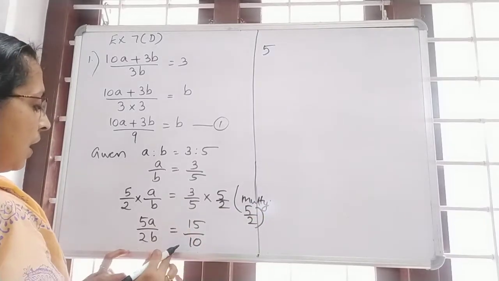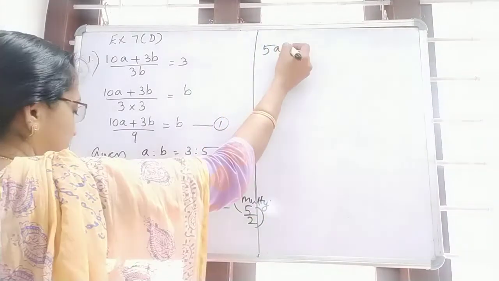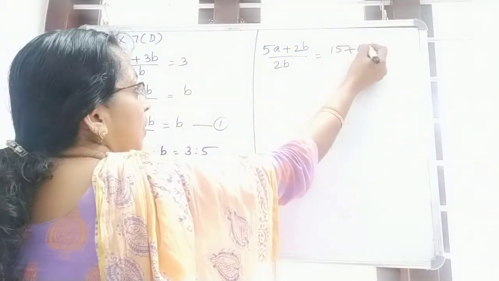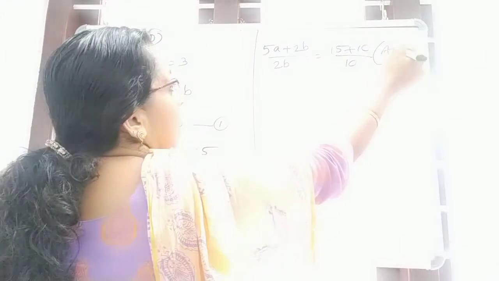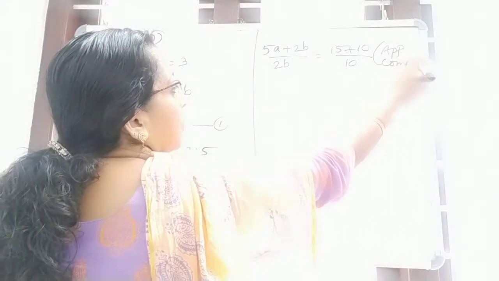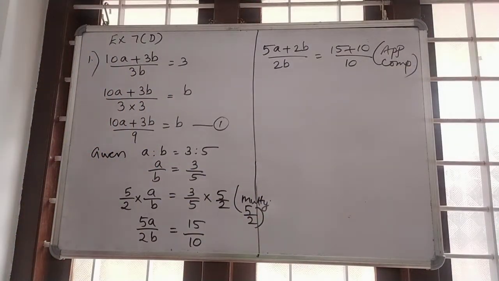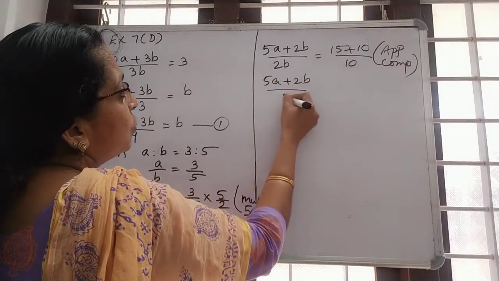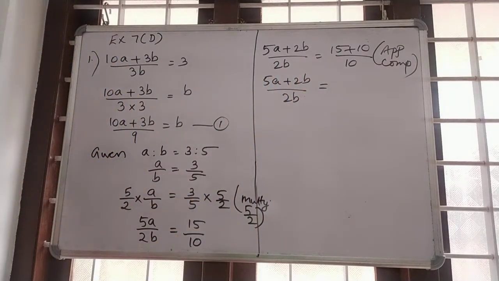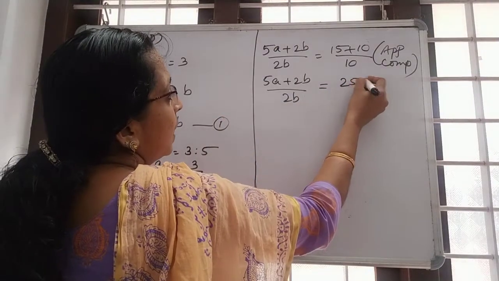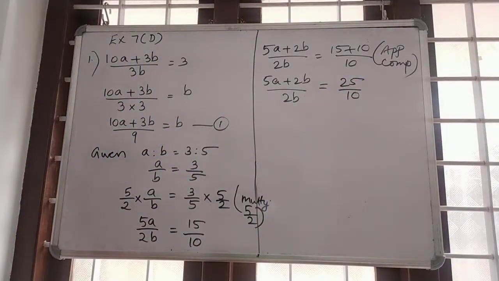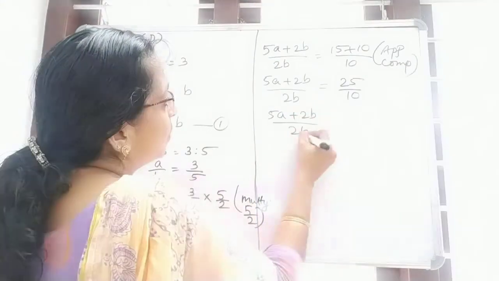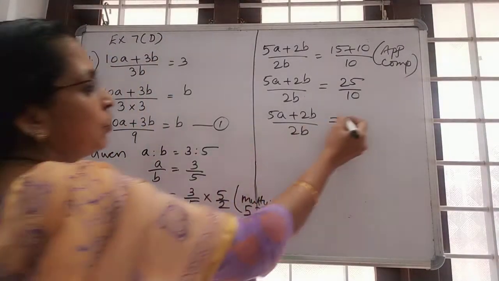Then applying componendo, 5A plus 2B divided by 2B is equal to 15 plus 10 divided by 10, which is 25 divided by 10. So cancel. It will be 5A plus 2B divided by 2B is equal to 5 by 2.